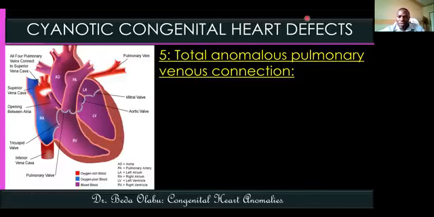Right. This is what we call total anomalous pulmonary venous connection. Now follow with me. These are the pulmonary veins, the left pulmonary veins, the right pulmonary veins. They seem to connect to the superior vena cava.